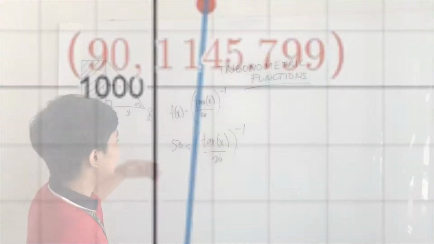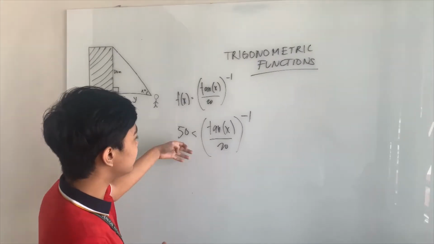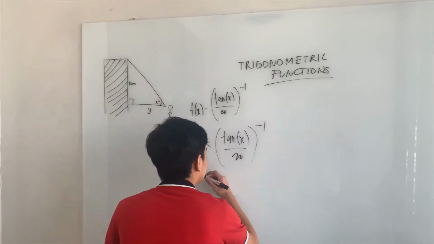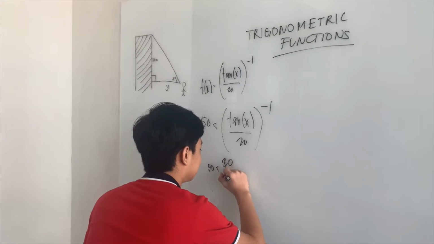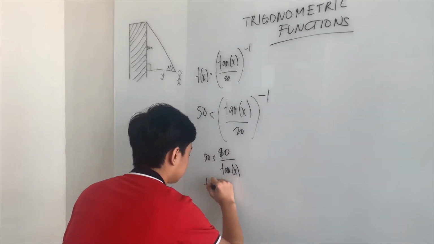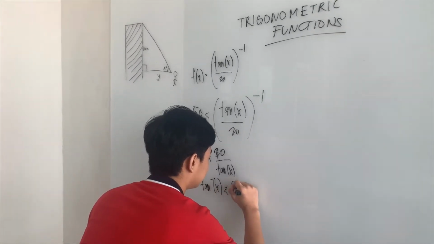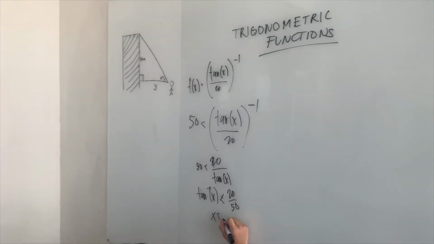As for the zeros and asymptotes of the graph, there is none, given that the graph is only a linear graph. If this function would be changed into an inequality, let's say 50 is less than tangent x over 20 raised to negative 1, therefore x would be less than.